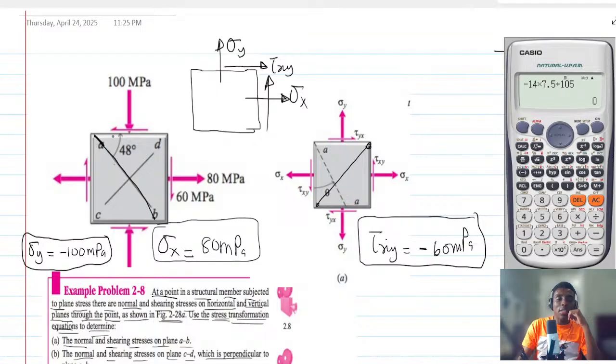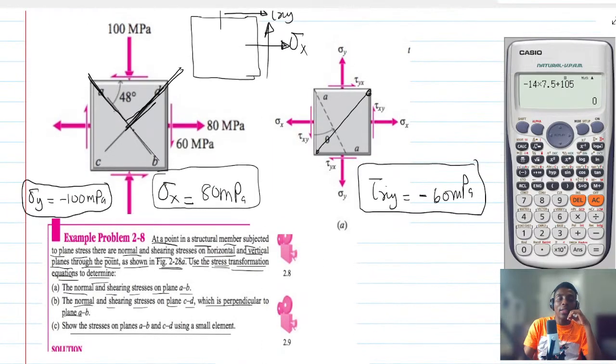If I take this AB and draw a perpendicular to this one, and draw a horizontal line, watch this.